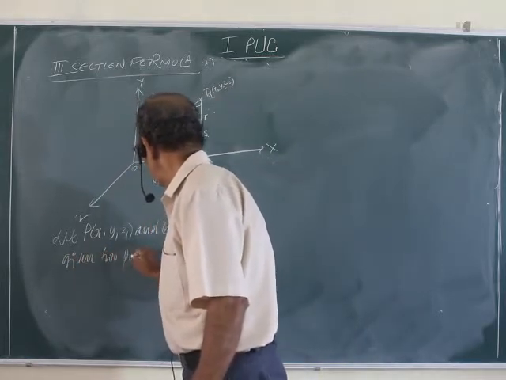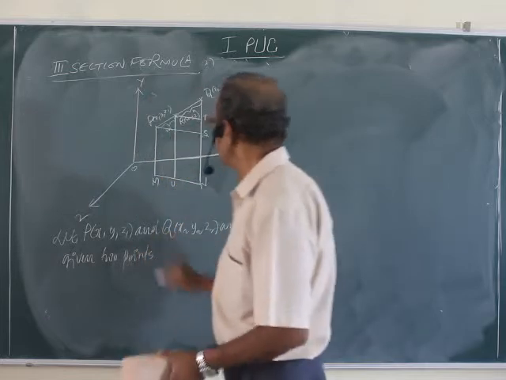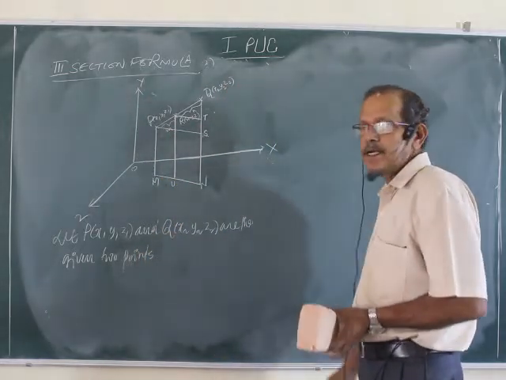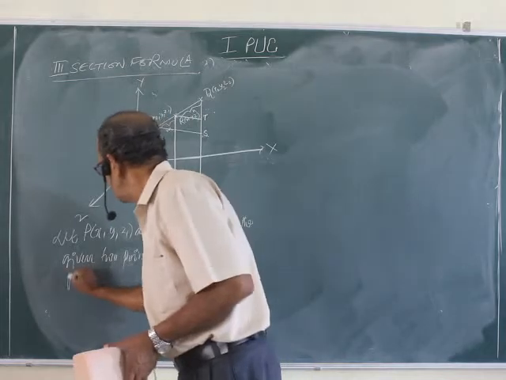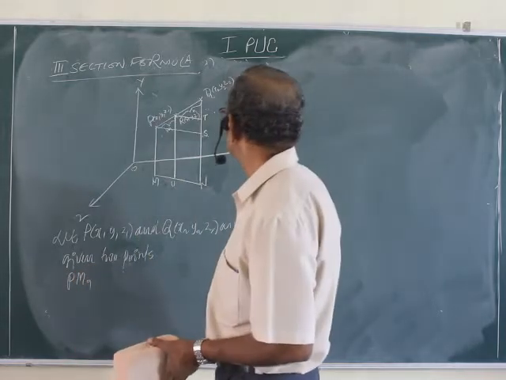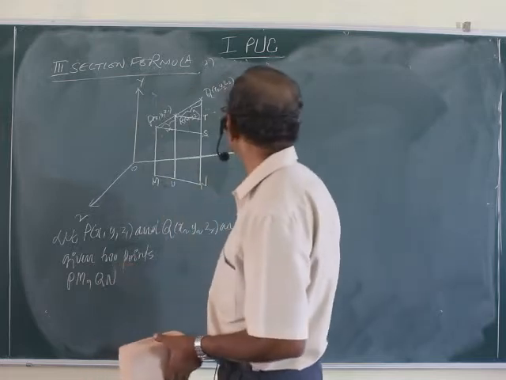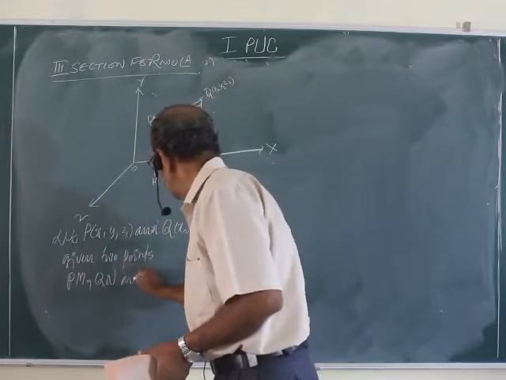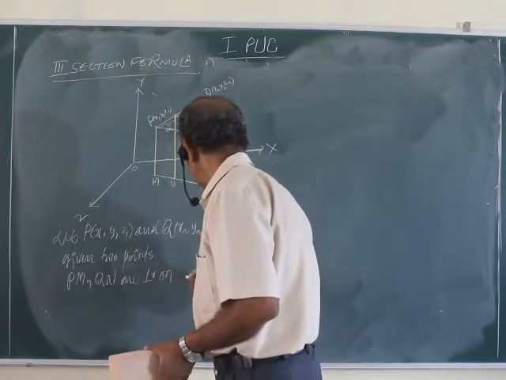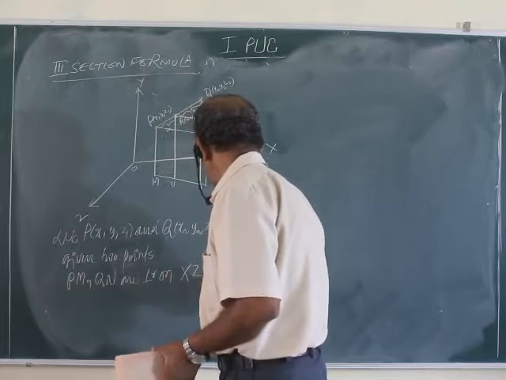Now write one by one about the perpendiculars. PM, next QN are perpendiculars on XZ plane.